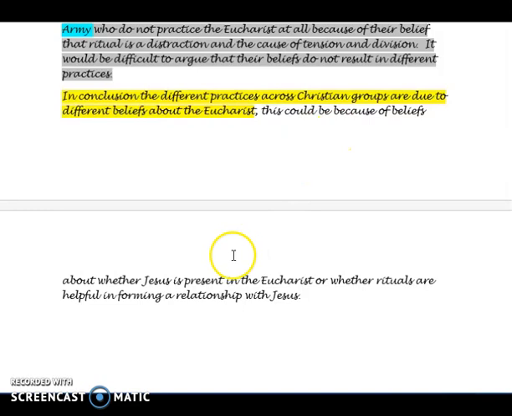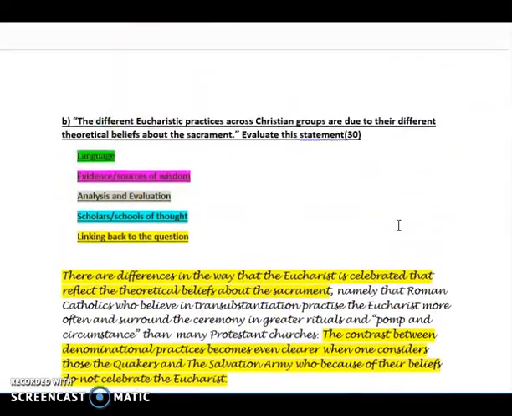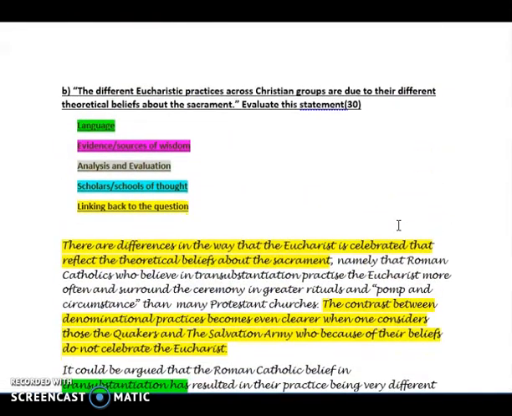And this could be of beliefs about whether Jesus is present in the Eucharist or whether rituals are helpful in forming a relationship with Jesus. So to remind you, the statement is asking whether different beliefs result in different practices.